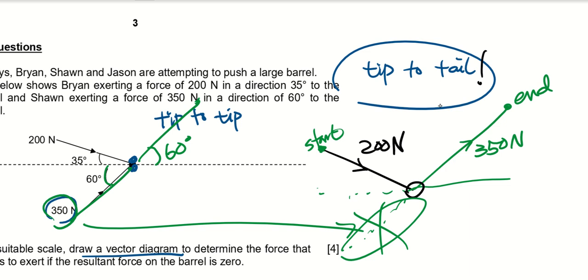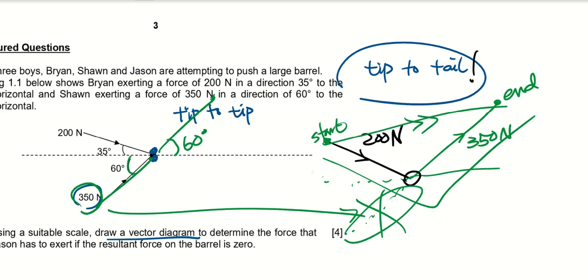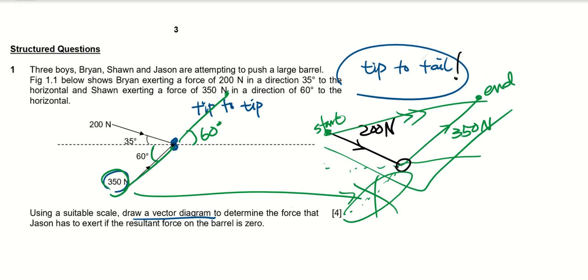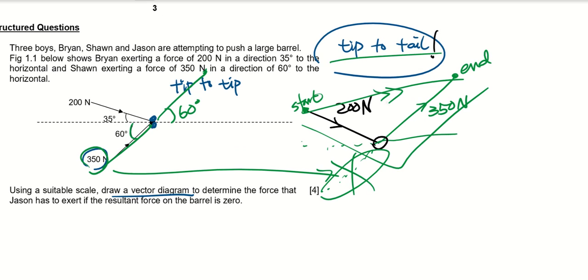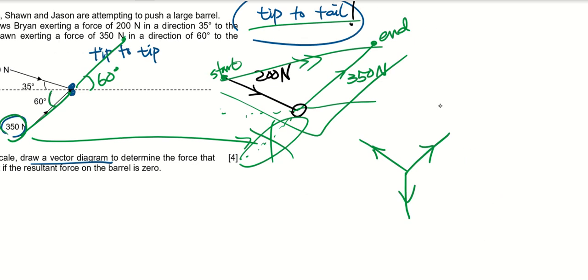If I were to ask you to walk this way, you will say, why don't we just go directly from start to end, and that will be our resultant force. So this one is pretty simple as long as you just go tip to tail. The more difficult one is when three forces are in equilibrium. How do I know that they are in equilibrium?